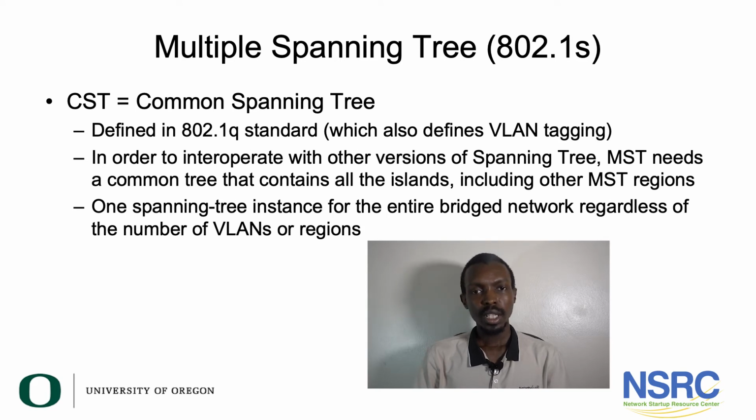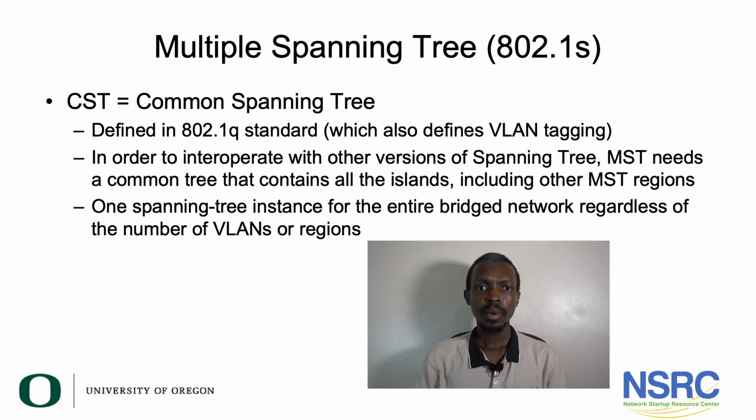The next concept we need to talk about is the common spanning tree, or the CST. This is defined in the 802.1q standard. Remember that the 802.1q standard specifies VLAN tagging, how tagging should work. But it also specifies that there should be a common spanning tree for all VLANs, and this is the CST.